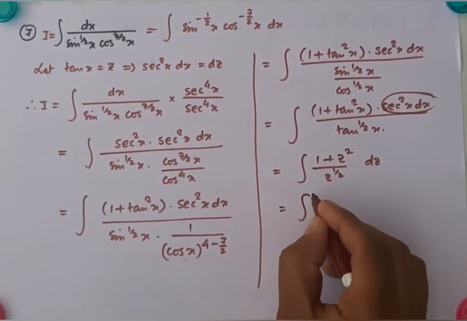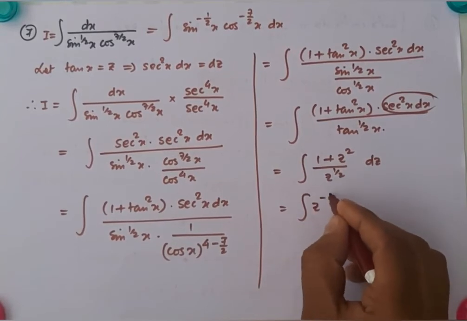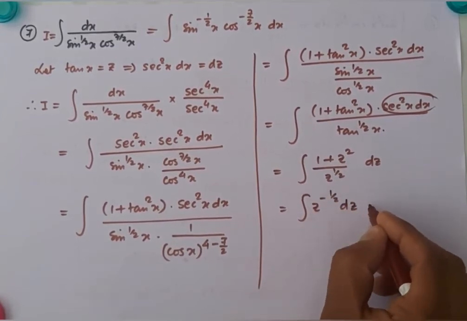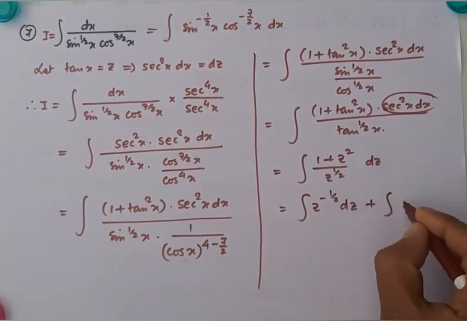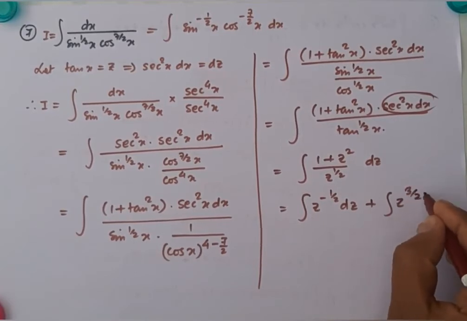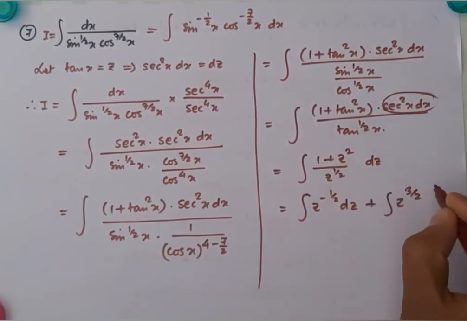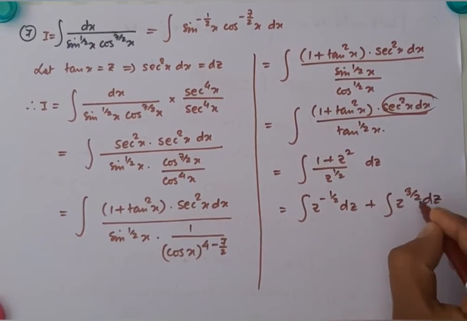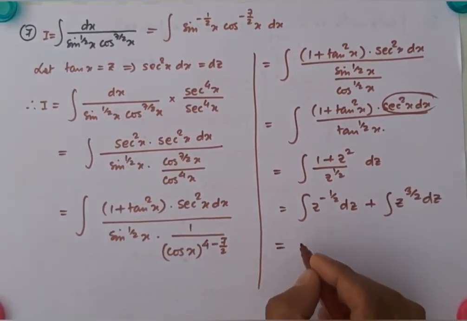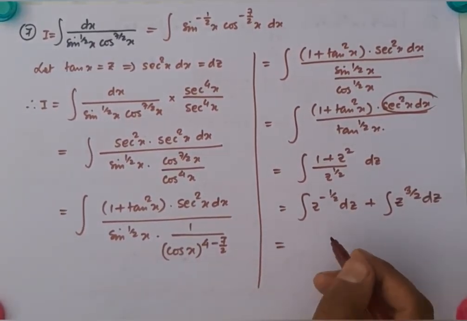So split the integral: z to the power minus half dz plus integral z to the power 3 by 2 dz, since 2 minus half becomes 3 by 2.